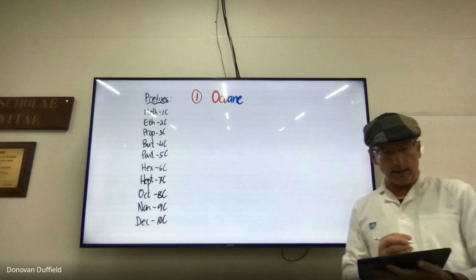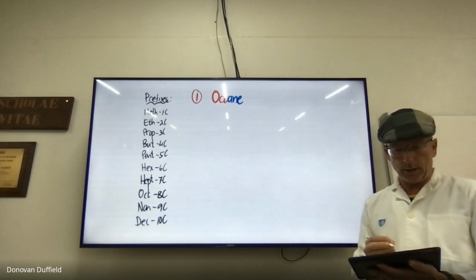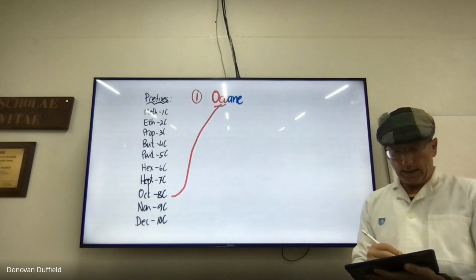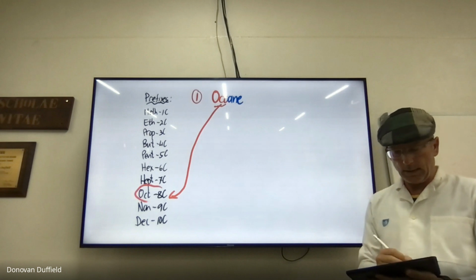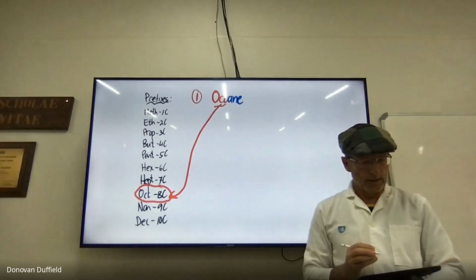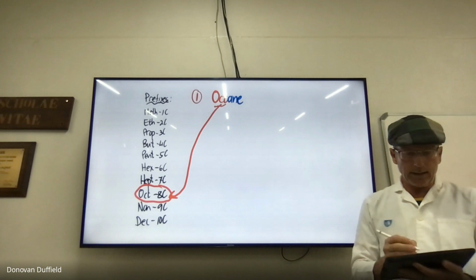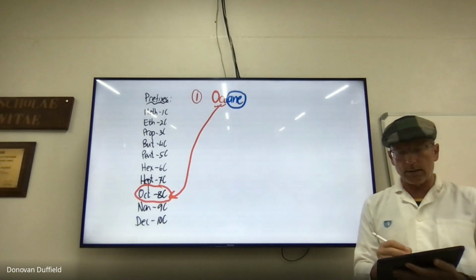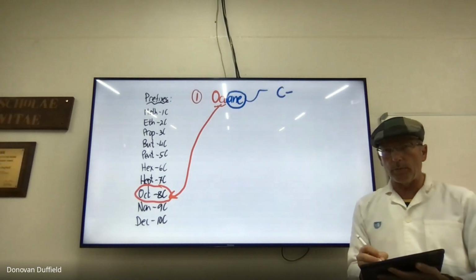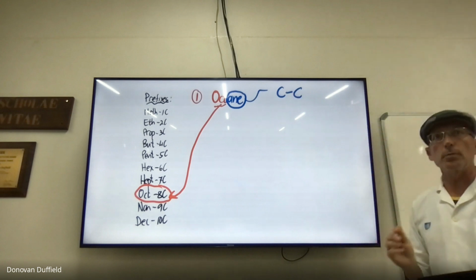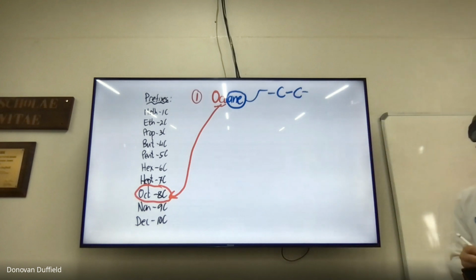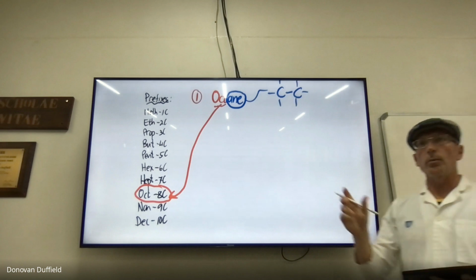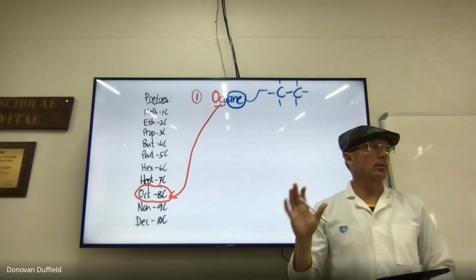The oct is telling us that there are going to be 8 carbons in the backbone. The ANE tells us that the carbon backbone is going to be made up of carbon-carbon single bonds.